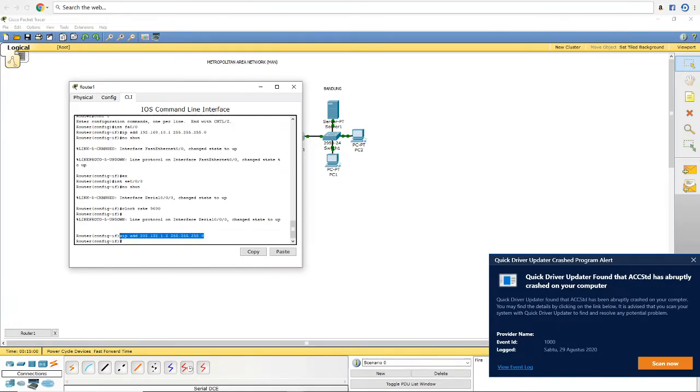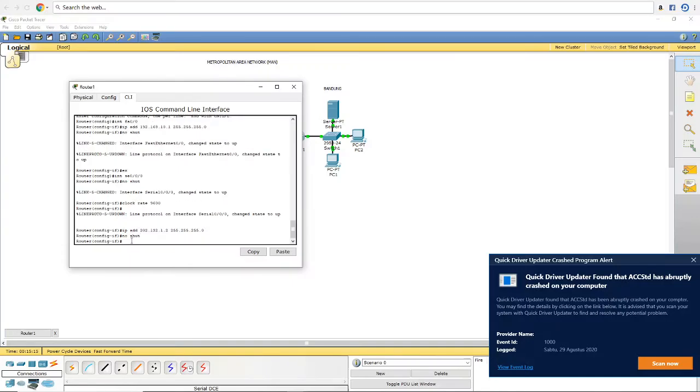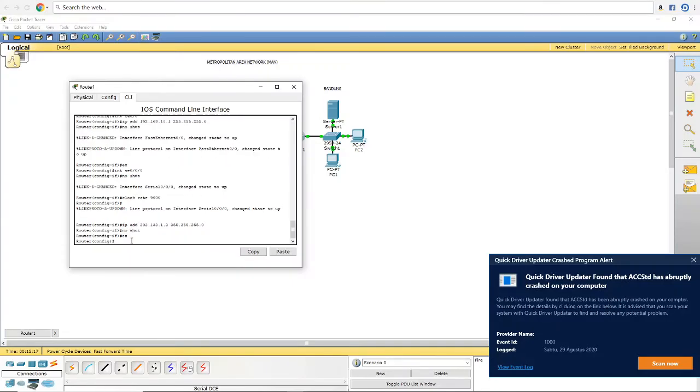The IP address for router Bandung is using the same network as router Solo, but with a different host ID. And then no shut, and then IP route, IP address for LAN Solo, and then subnet mask, and then the next hop IP address.